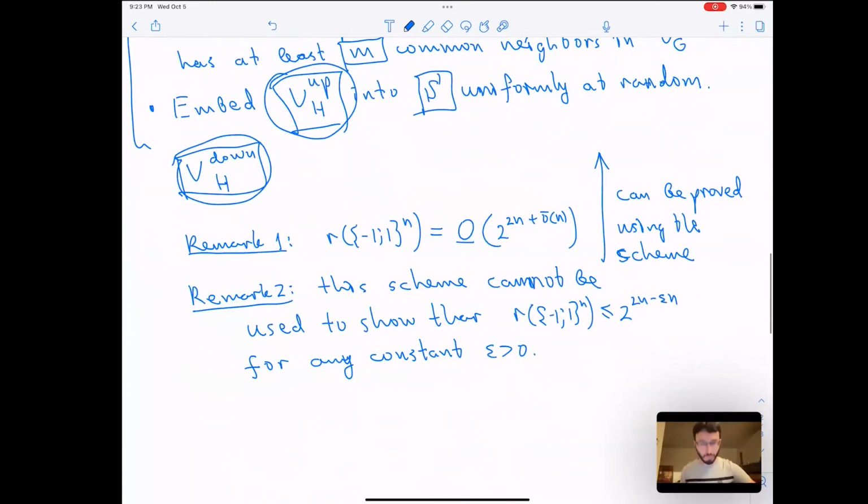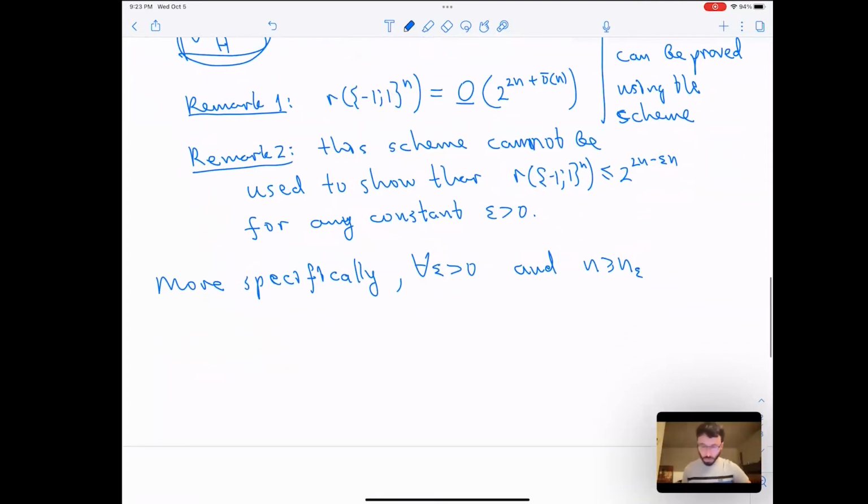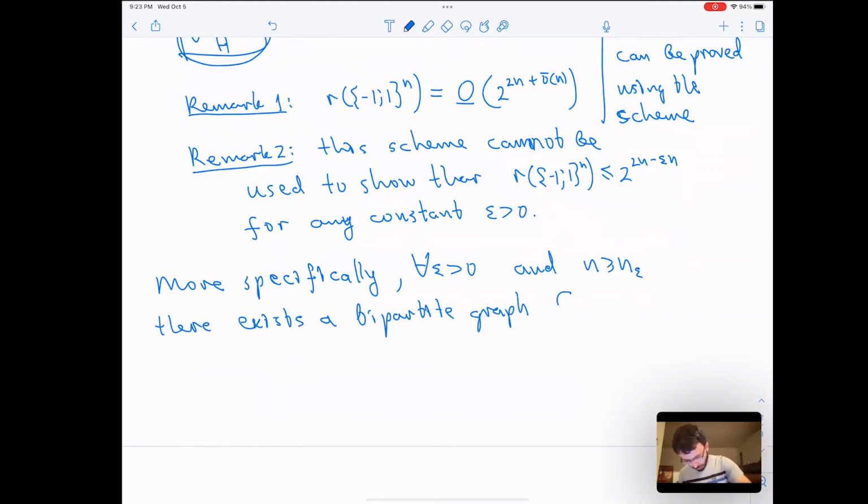More specifically, for every epsilon bigger than 0 and n greater than n epsilon, there exists a bipartite graph G on 2 to the 2n minus epsilon n plus 2 to the 2n minus epsilon n vertices.